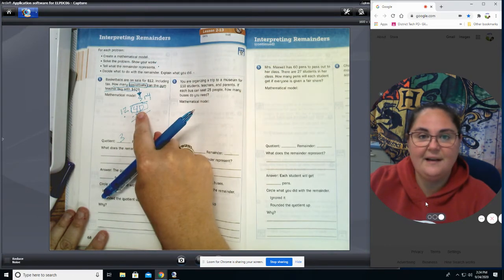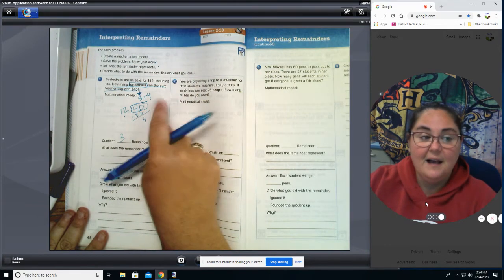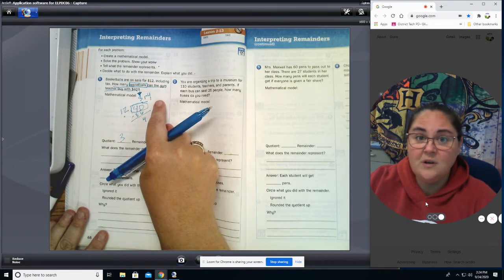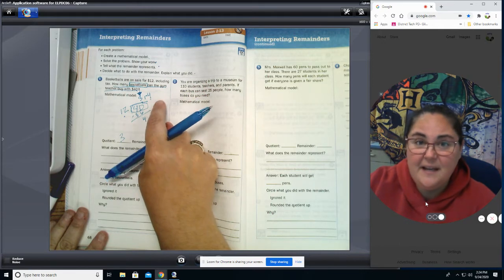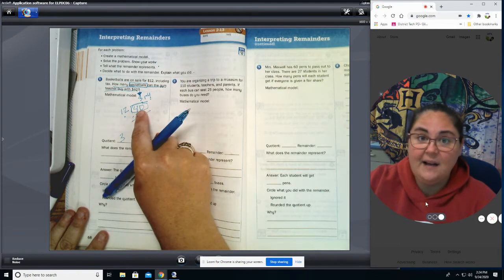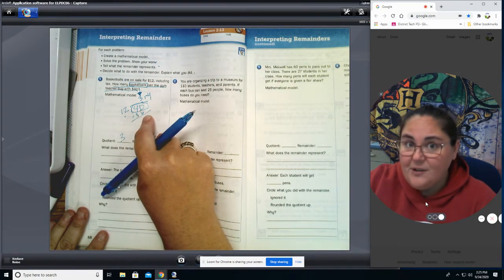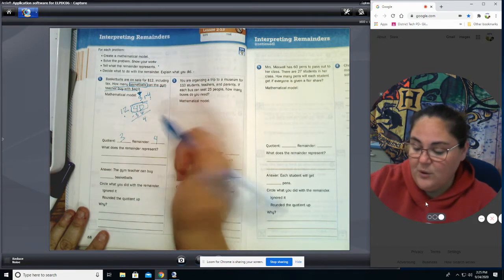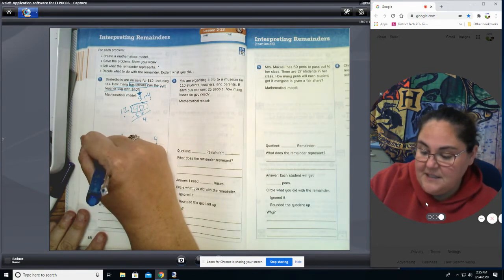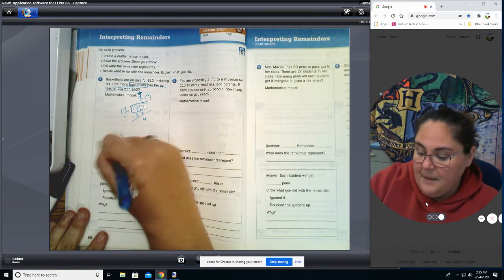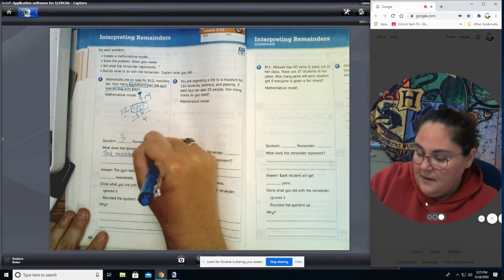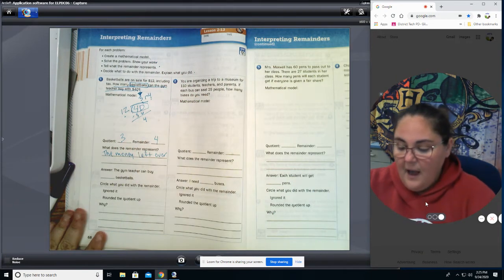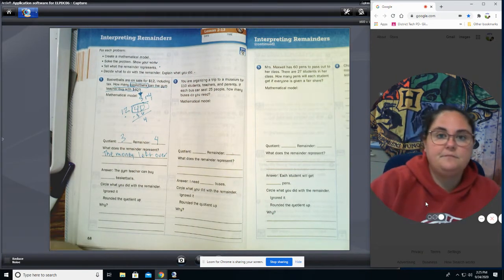But what did I separate? I separated money. That 4 is how much money I have left. I had $40. I spent $36. I have 4 left. So what does the remainder represent? The money left over.